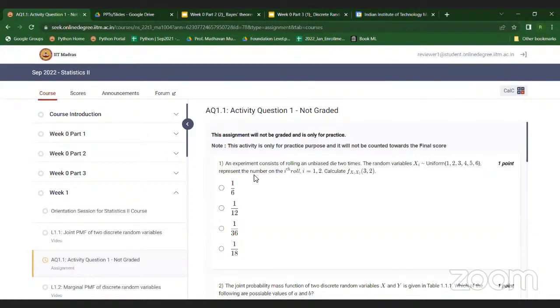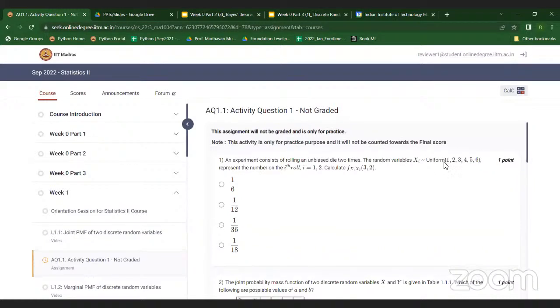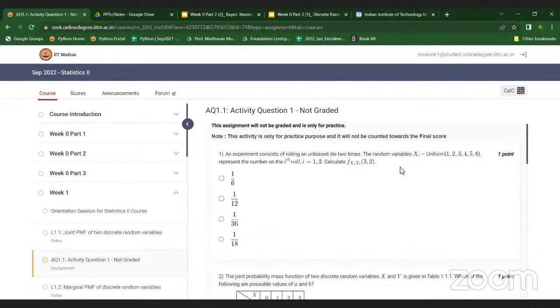So f(3, 2) is going to equal f(X1 = 3) multiplied by f(X2 = 2), which is nothing but the probability of the die outcome being 3 multiplied by the probability of the die outcome being 2. Since it is uniformly distributed, the probability of Xi equal to 1, 2, 3, 4, 5, 6 is all going to be 1 by 6. So f(X1 = 3) is 1 by 6, and f(X2 = 2) is also 1 by 6. The overall joint probability is 1 by 6 into 1 by 6, which is 1 by 36.